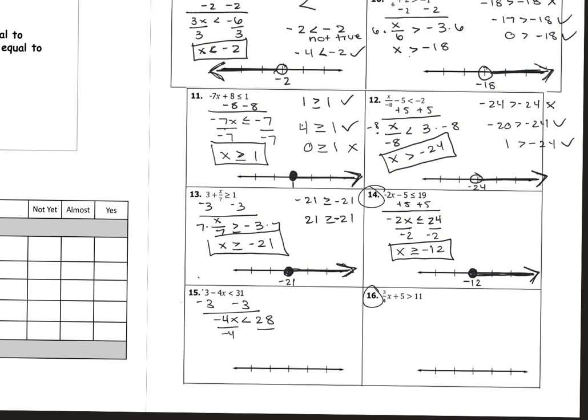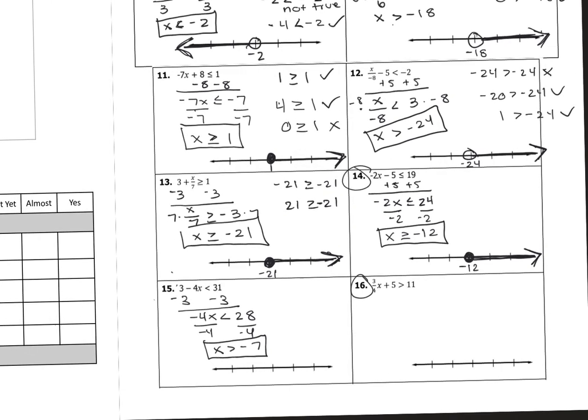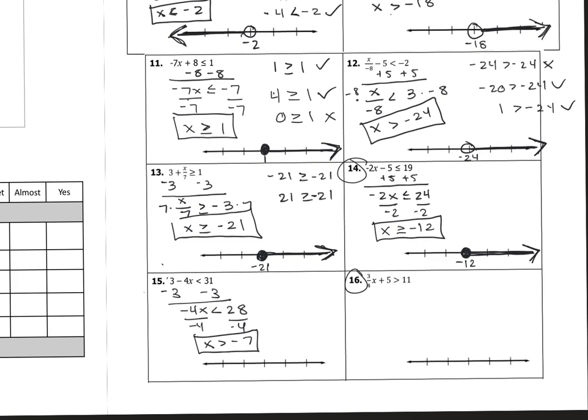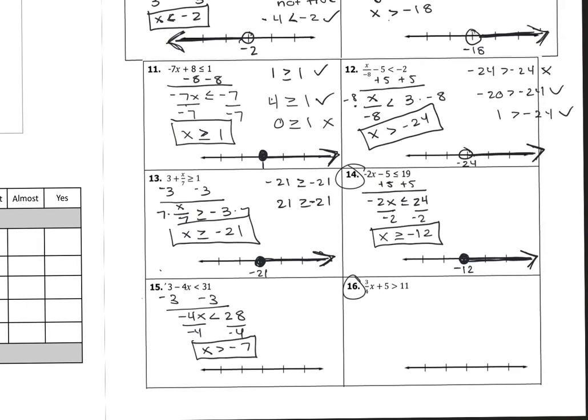Divide both sides by negative 4, and we have that x is greater than negative 7. We had to flip that inequality sign because we divided by a negative number. So on my number line, I'm going to have an open circle at negative 7, and we're going to shade to the right.